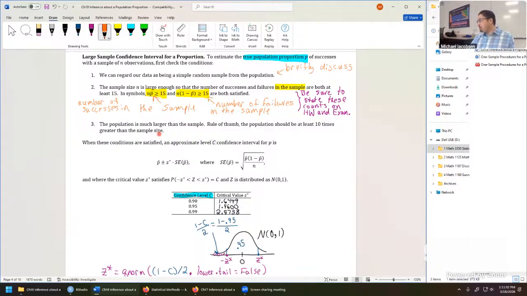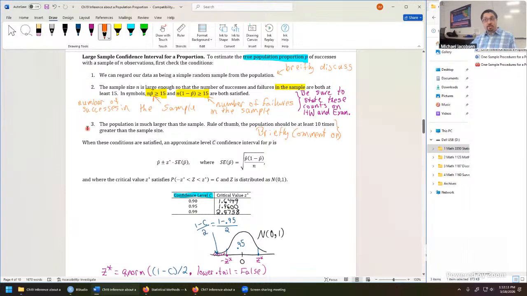So this is something that we'll just briefly comment on. If we have reason to doubt that this is true, we'll mention it when we give our conclusion.